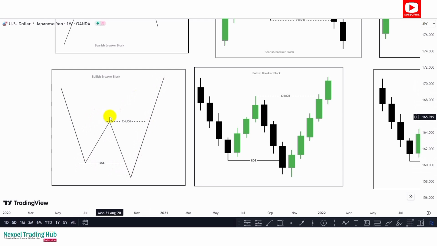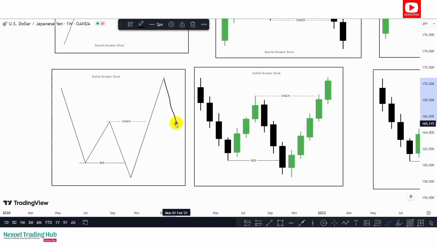So what we are expecting is to see price pull back into the bullish breaker block zone, and then we see price push to the upside. The bullish breaker block zone is a violated bearish order block, not a failed bearish order block. Why is it a violated and not a failed bearish order block?